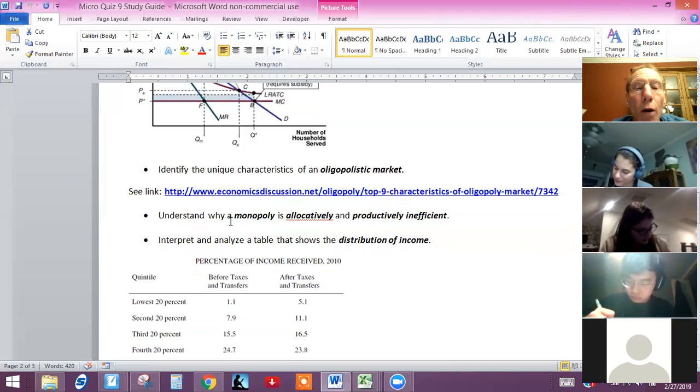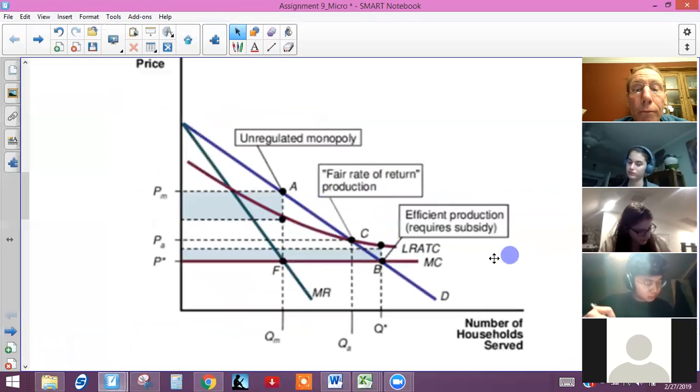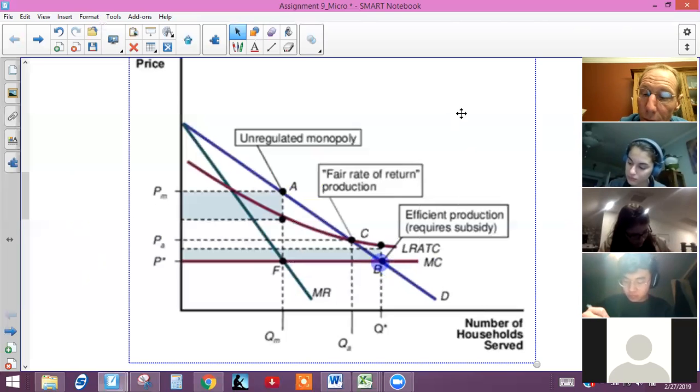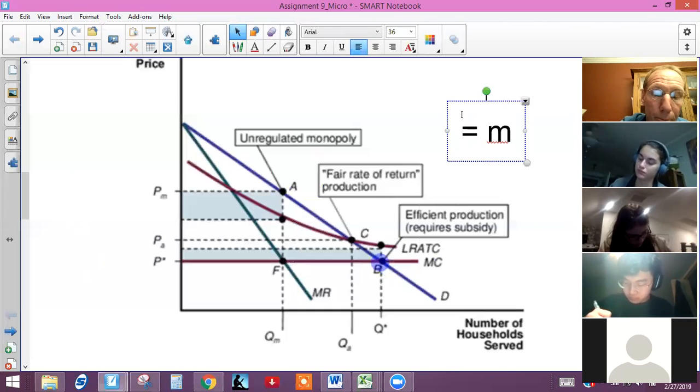We want to understand why a monopoly is allocatively and productively inefficient. Okay, what are we talking about? This is review, but we're going to go over it. This is where a monopoly is allocatively efficient, or also we can say the socially optimal production, where marginal cost equals marginal benefit.